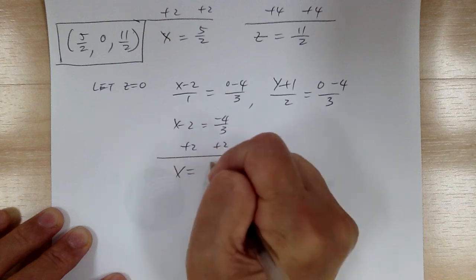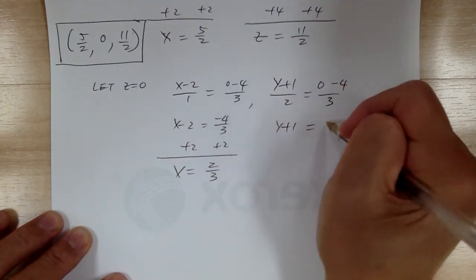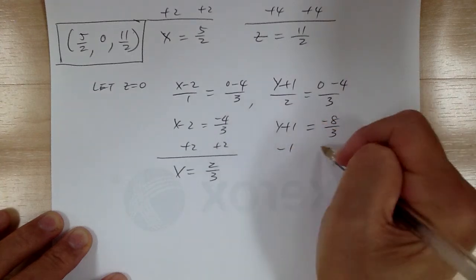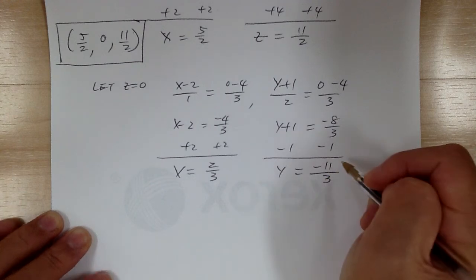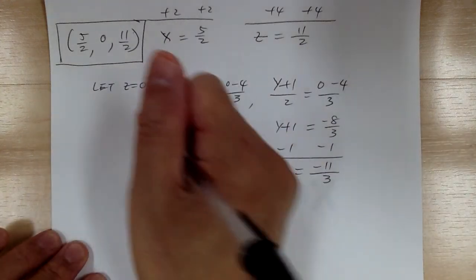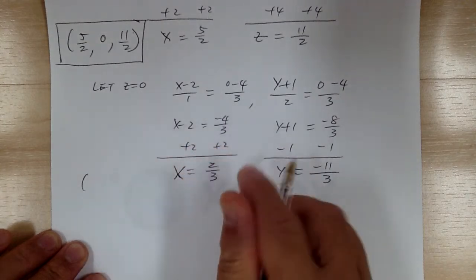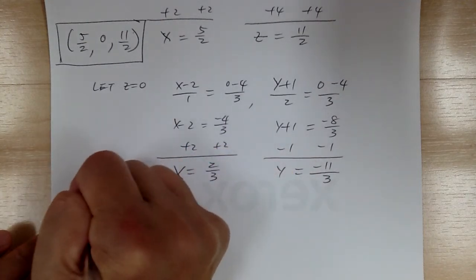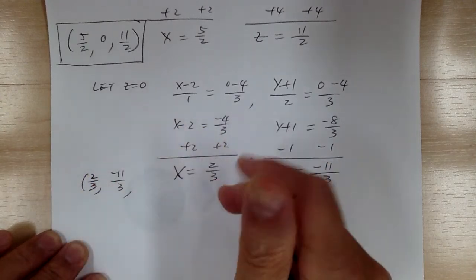So you get x equal to 2 over 3. Cross multiply, and minus 1 on each side. So y equals negative 11 over 3. So when z equals 0, again watch your x, y, z, watch the order. So it'd be 2 over 3, negative 11 over 3, and 0.